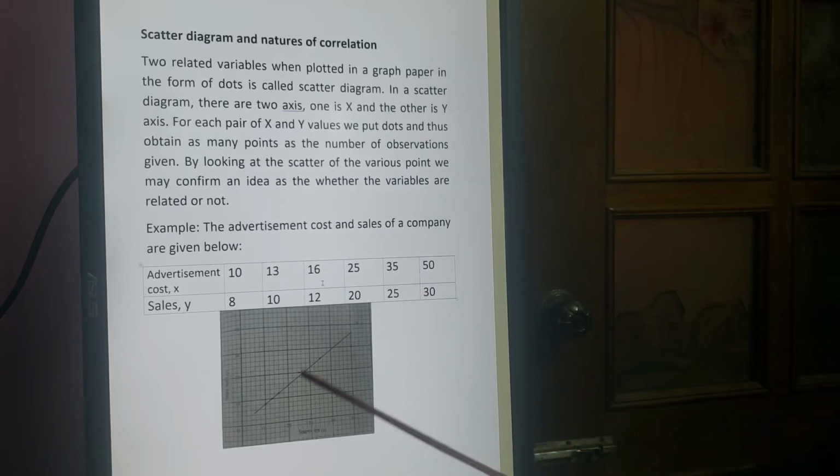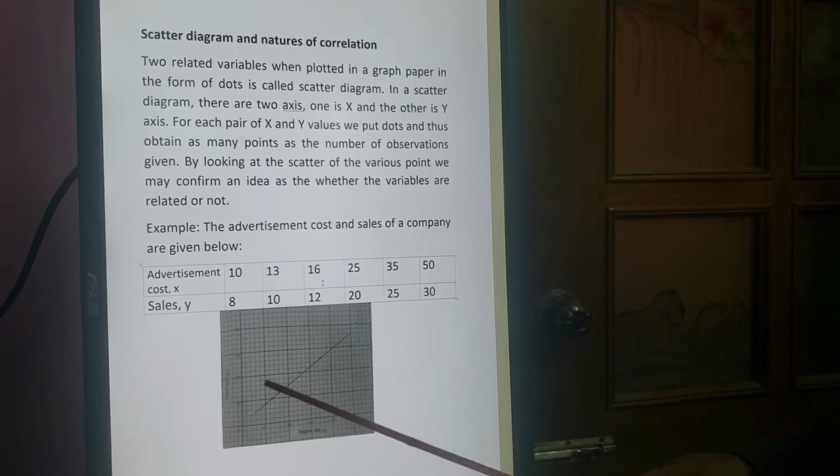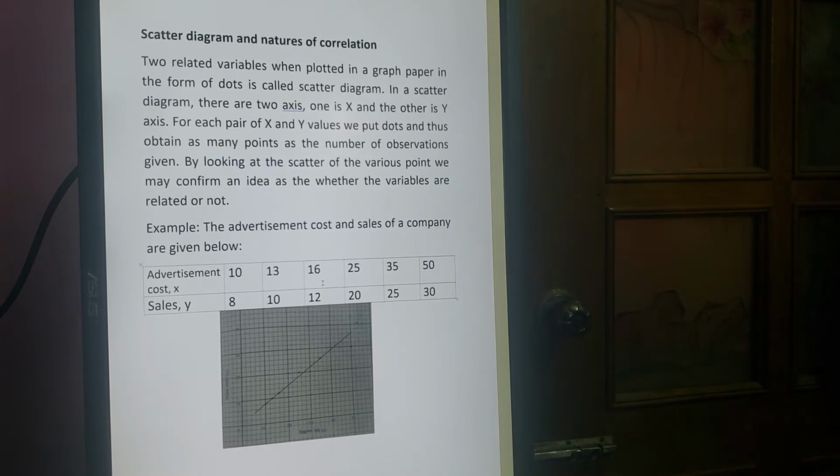Understood the scatter diagram? On the x-axis you put the value of x, on the y-axis you put the value of y, and for each pair you get a dot, and this whole thing is called the scatter diagram. The line does not matter.